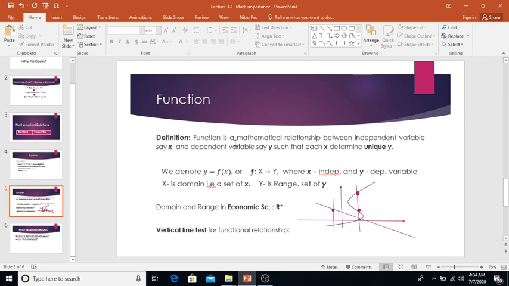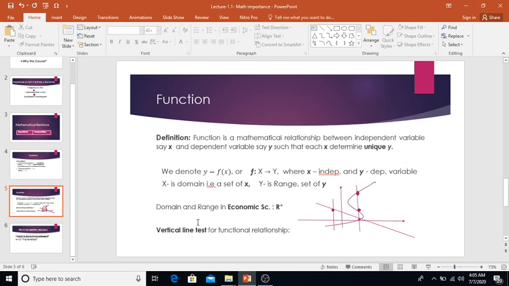Function, let's define the function. What is function? In mathematics, functional relationship is very crucial relationship, and without functional relationship we cannot quantify something, or we cannot find our objective.